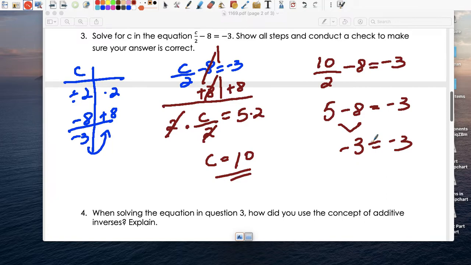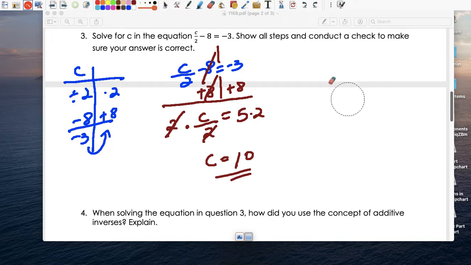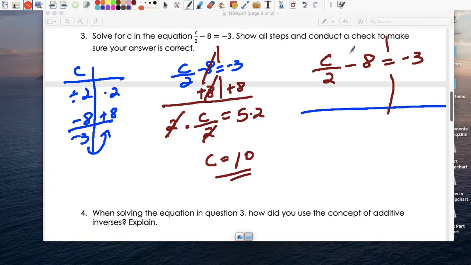When solving the equation in question 3, how did you use the concept of additive inverse? Here's your concept of additive inverse. Let me go back here. That was in step 1. So you had c over 2 minus 8 equals negative 3. To get rid of this, what did we do?